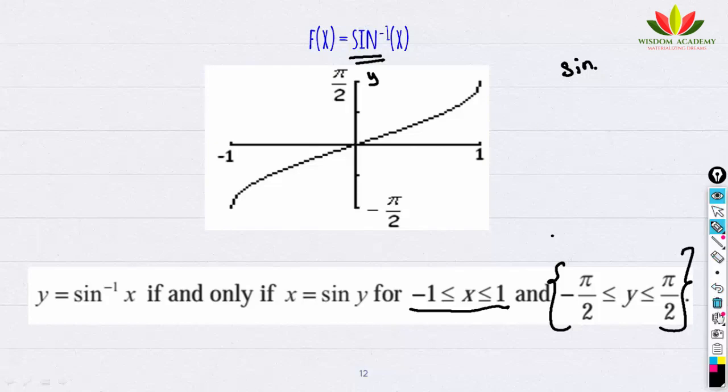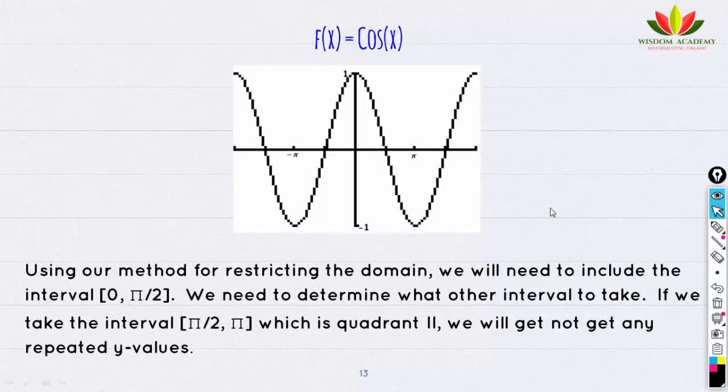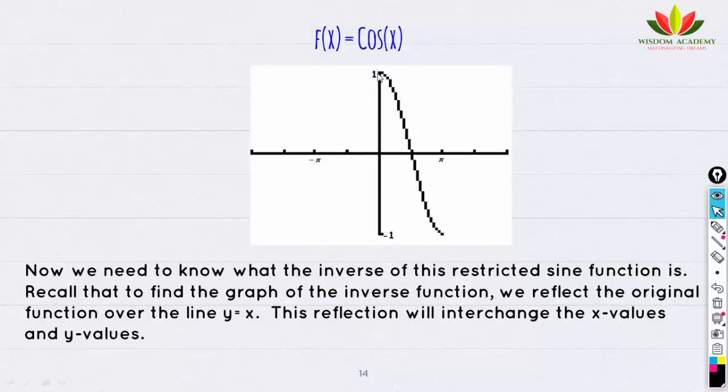Similarly, I am going to do it for cos also. For cos nothing is going to change much. This is the cos function. From this place to this place, you can see it is only a one-to-one function. A little change from the sine function: I restrict the values from 0 to pi.